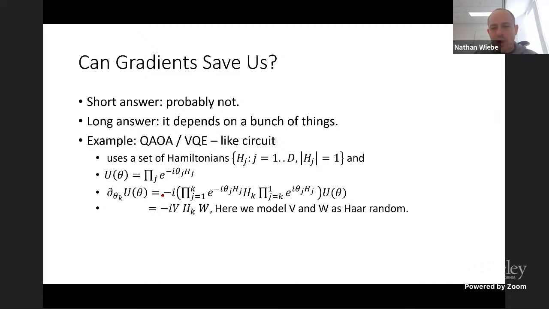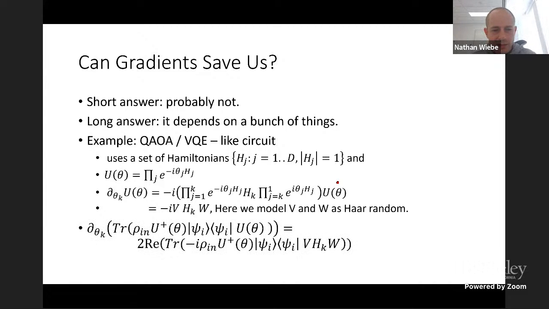Now, at this point, we've got two unitaries that come in. We basically get a V unitary as well as a W unitary, and we've got the U of theta unitary. Let's model all of those as being Haar random unitaries. If we do that, then we find the derivative is equal to this expectation value, this result over here.